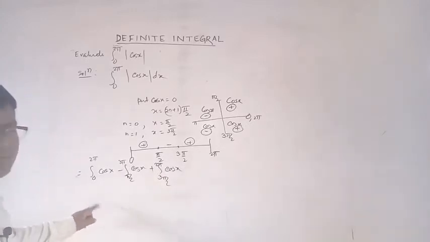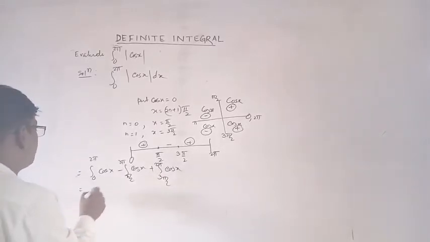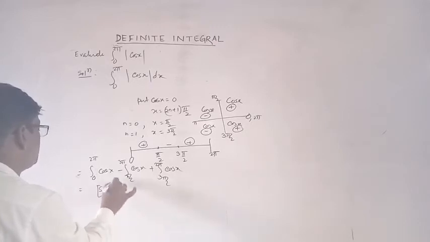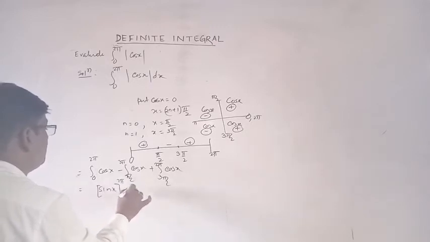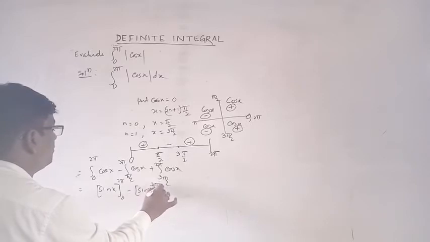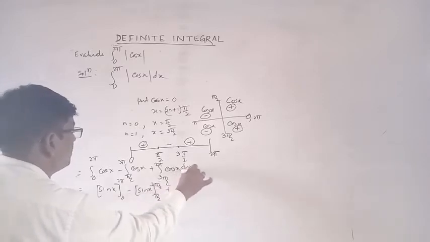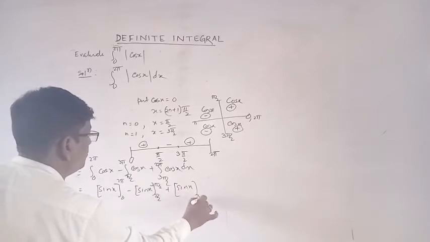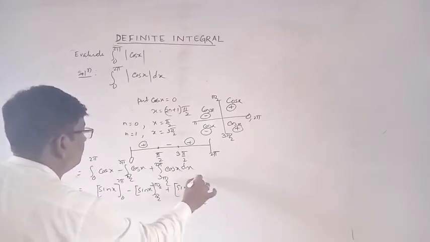Now, what is the integration of cos x? That is sin x. The limits are 0 to pi by 2, minus sin x with limits pi by 2 to 3 pi by 2, plus sin x with limits 3 pi by 2 to 2 pi.